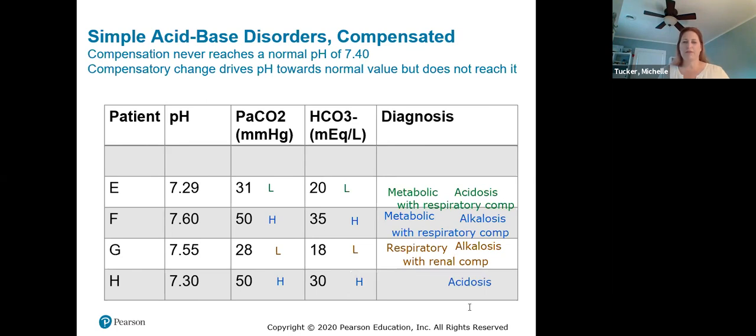And which one would we expect to be the primary cause of acidosis? High CO2 or high bicarbonate? Yep. So the primary cause is respiratory acidosis, and then we have renal compensation.